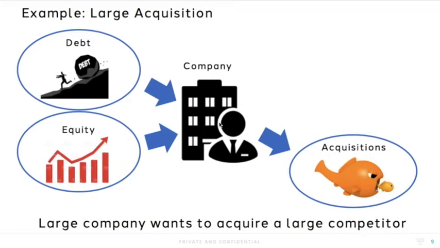And what they will do is they will go out and raise debt and equity capital alongside this acquisition. So they will use the value of the company they are acquiring to justify the debt and equity capital that they are issuing in the marketplace, raise a flood of new capital to come in and fund the acquisition that they are pursuing.